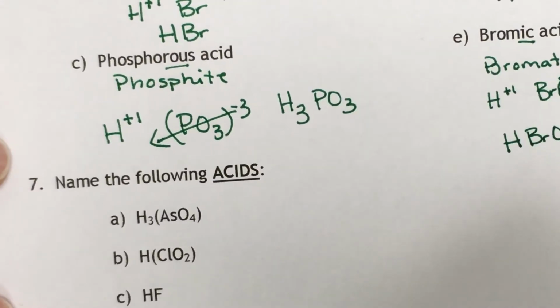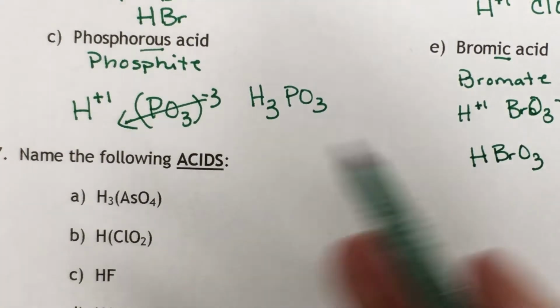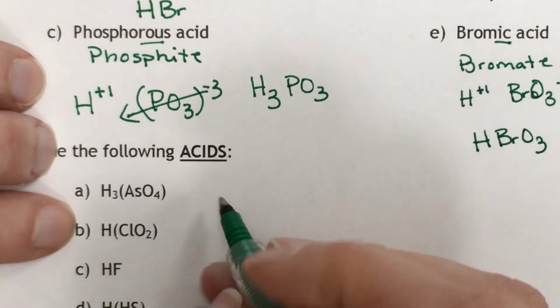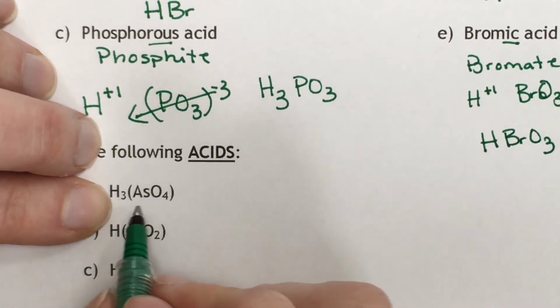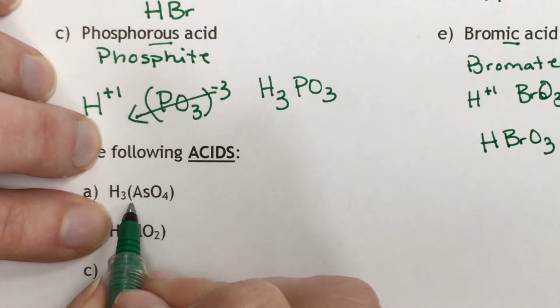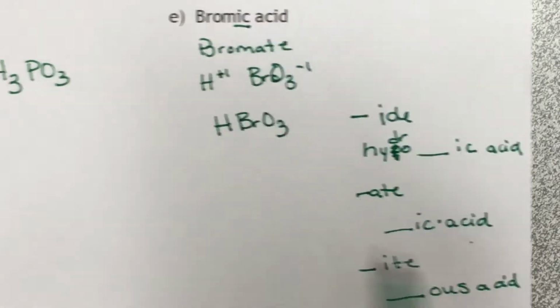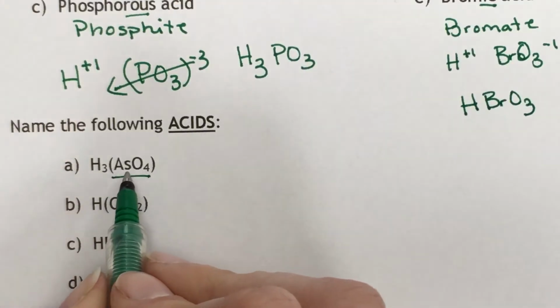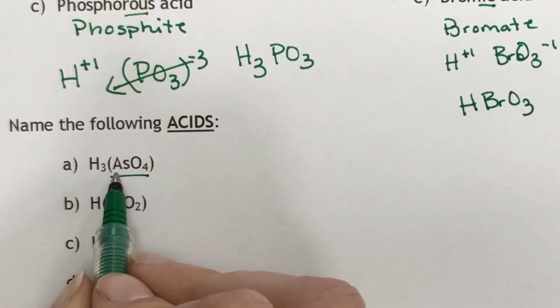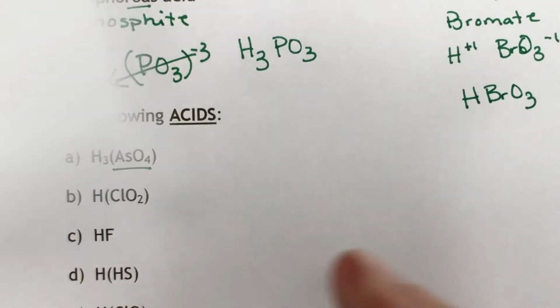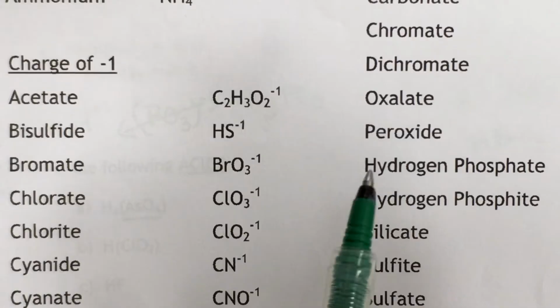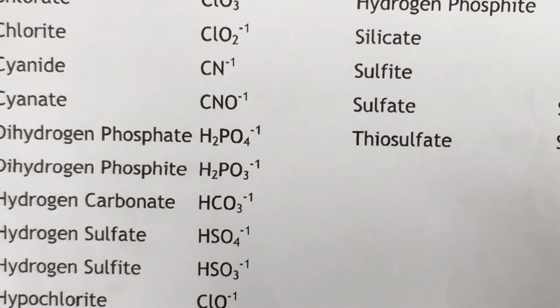All right, name the following acids. So basically we're doing the same thing, but we're doing the opposite. We're going to find out what the anion is called and change it to the ending we're supposed to change it to, and that's it. So we have this polyatomic ion, arsenate. Where is it?